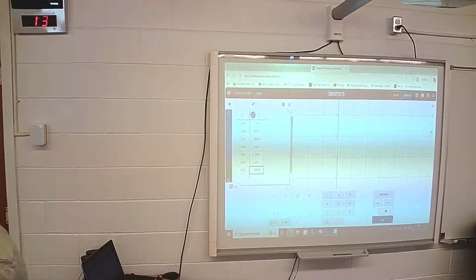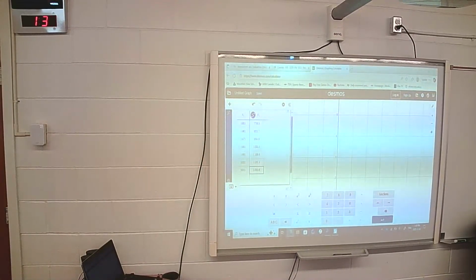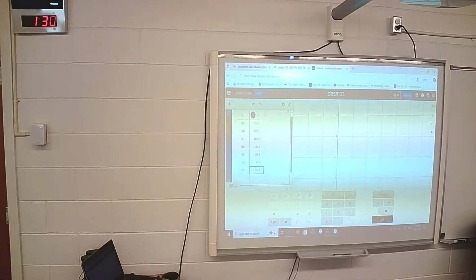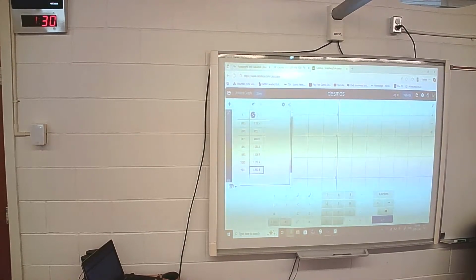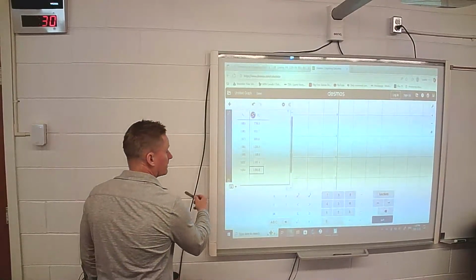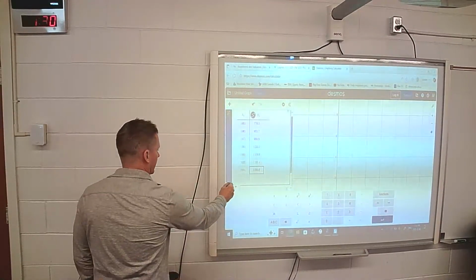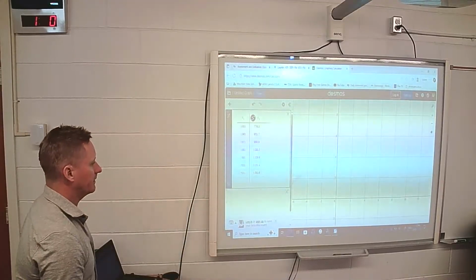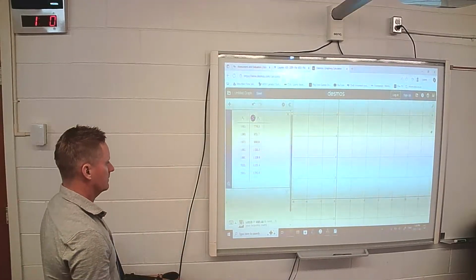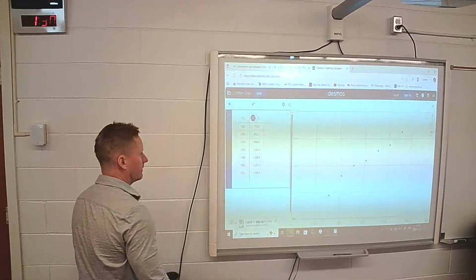Again, regression graphs. So I got my table. What do I do next? Hit the line button so that it makes the graph. Okay, well, I'm going to hit the zoom button just to see where these points are. That's the first thing I'm going to do. That didn't work. Do it again. There we go.